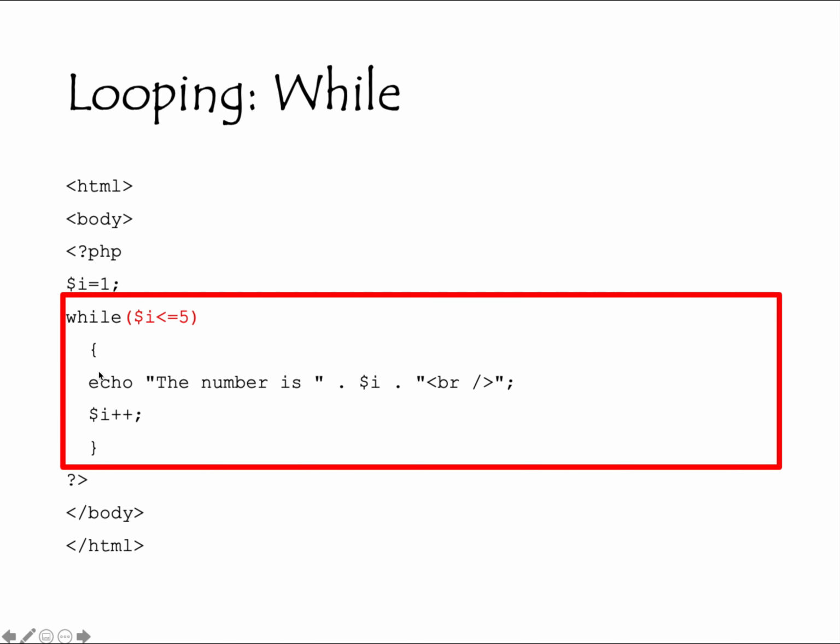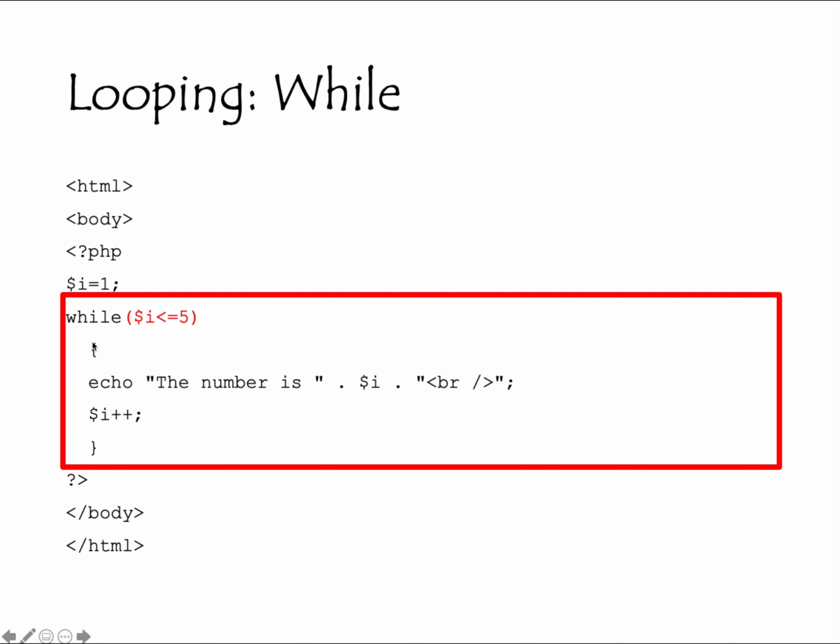For the block of code, we have used similar syntax for the conditional statements, and it is enclosed by curly braces. So in this red block, if the condition inside this parenthesis is true, we want to repeat these two lines of code as a block.